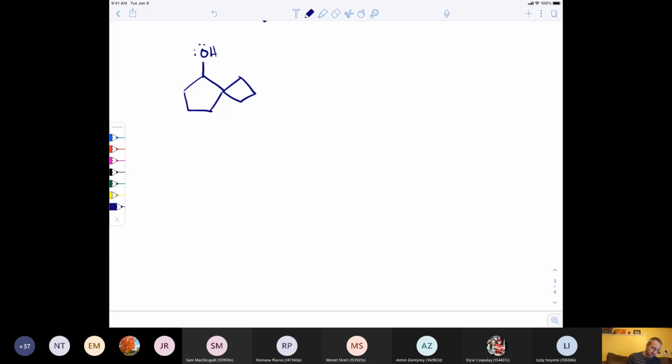But the ring expansion ones, they look difficult, but they're really not that different from the ones we've seen so far. So let's say we're going to do this. We're going to react it with HBr. According to our trusty old chart, secondary alcohol with HX should be SN1. First step, proton transfer.